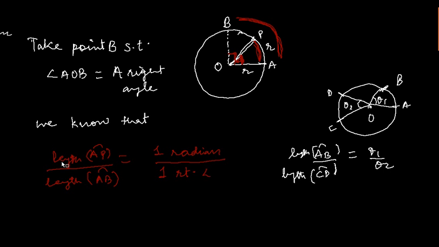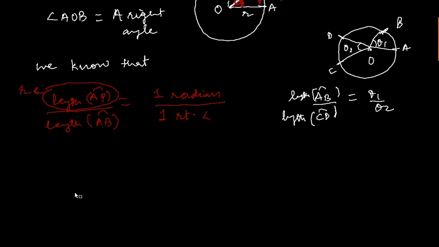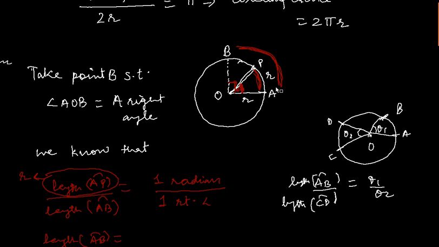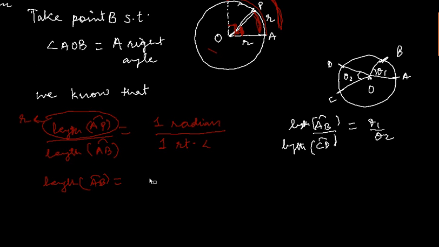Now we know that length of AP is r. This is the known quantity. Now what is the length of AB? We can see that this is one quadrant, the first quadrant, so length of AB is 1/4 of the circumference.